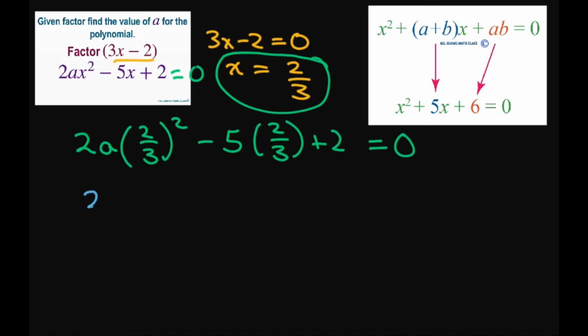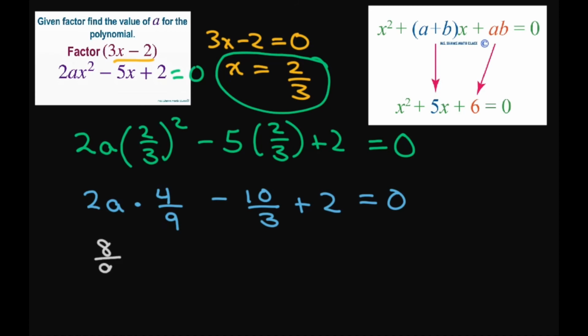So this gives you 2a times 4 ninths, minus 10 thirds, plus 2 equals 0. So this is going to be 8 divided by 9 a equals, and I'm going to take 10 divided by 3 minus 2.